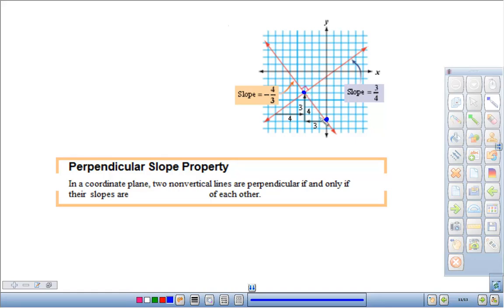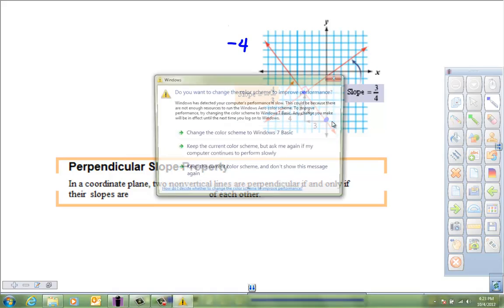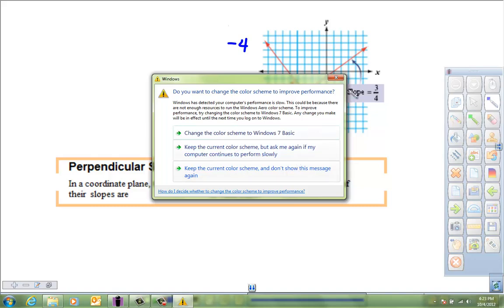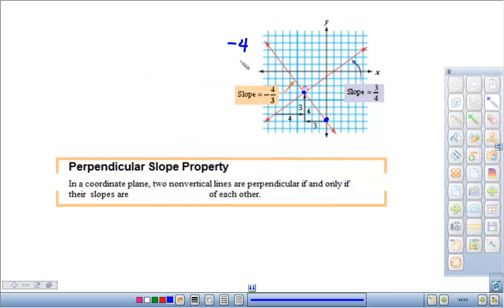But notice from here to here, my rise is actually down 4. So that's a negative 4. So I'll go down 4 and to the right 3. So this has a slope of negative 4/3.